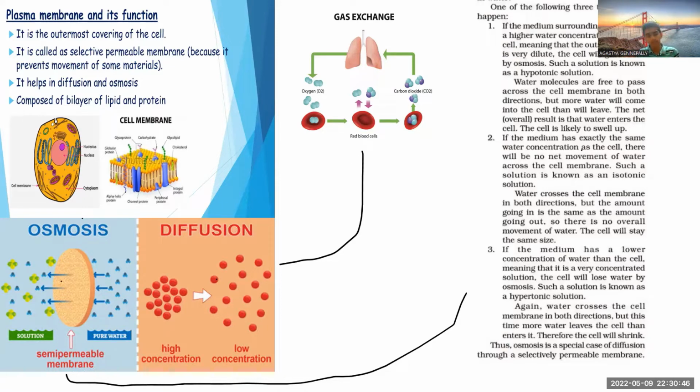Now, what is osmosis? Osmosis is nothing but, there it was solid and gaseous molecules, right? Here it is water molecules moving from high concentration to low concentration through a semi-permeable membrane. Diffusion, yes, does occur sometimes through a semi-permeable membrane, but diffusion happens in many ways.